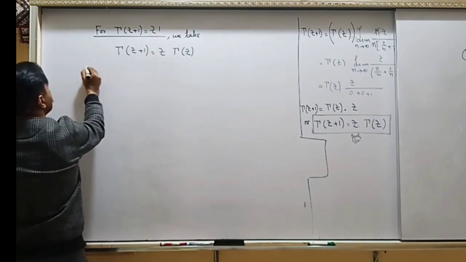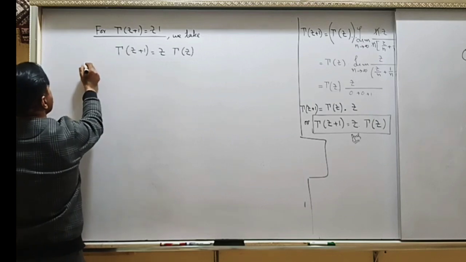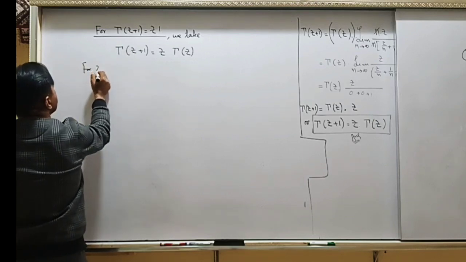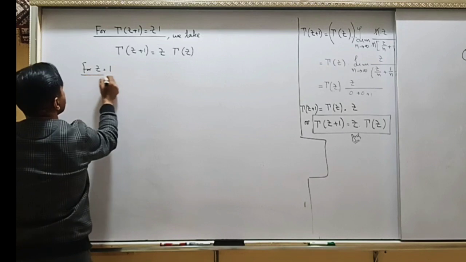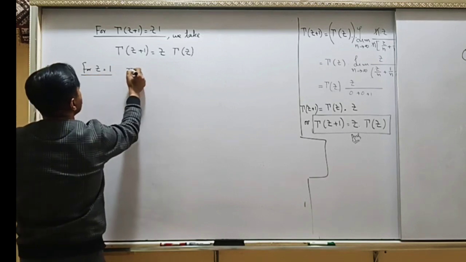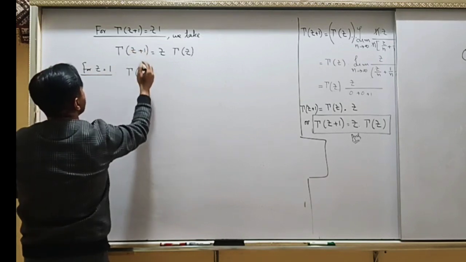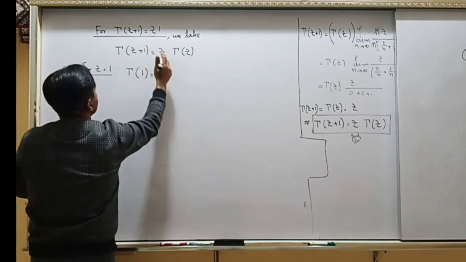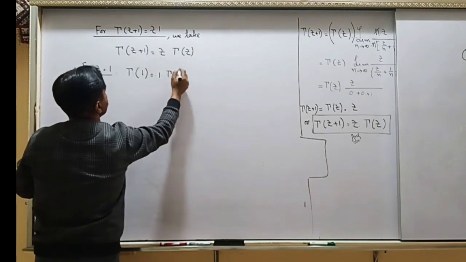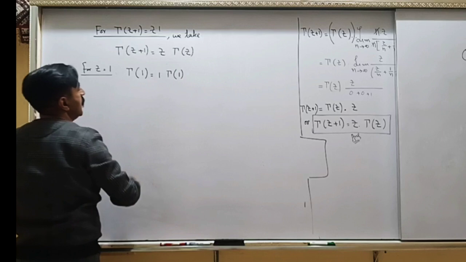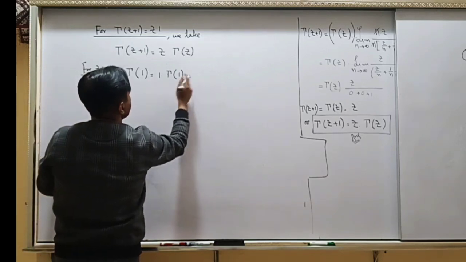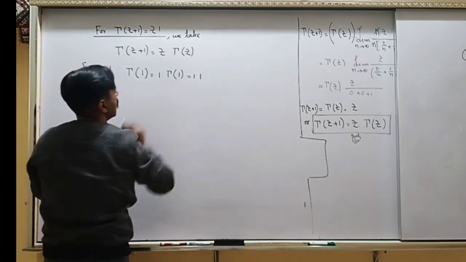Use these z values. For z equal to 1, gamma 0 plus 1 will make 1, and 1 into 1, and this gamma 1 is 1.